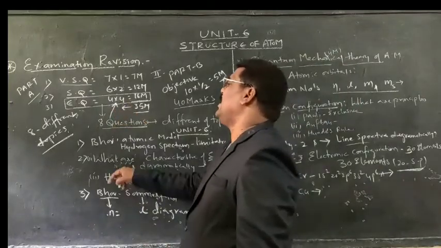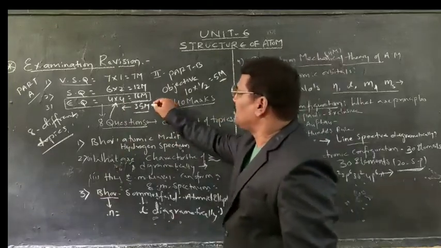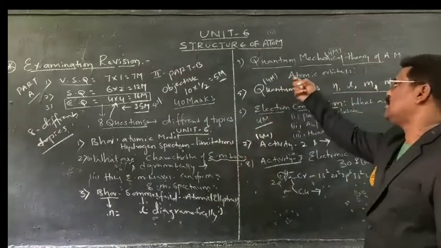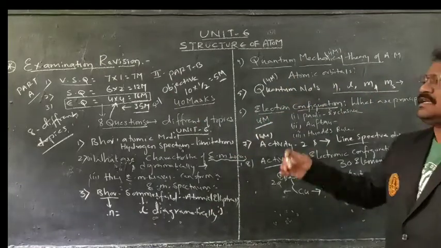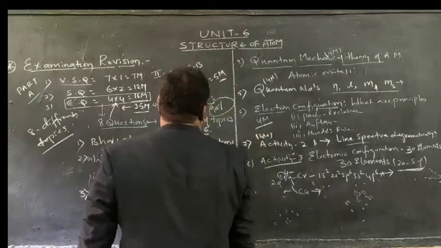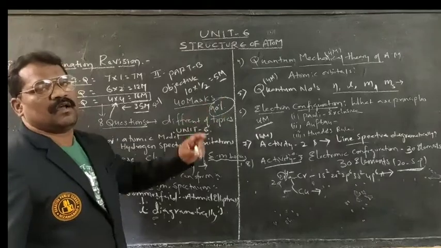Therefore, 4 twos are 8. From those 8 questions, we have to attempt only 50%, as a choice will be there. So if you study all these 8 topics, easily 90% of the chapter will be covered.